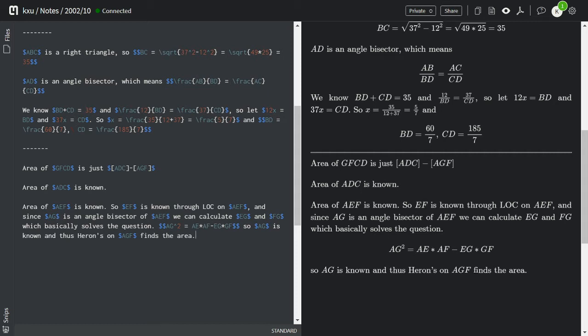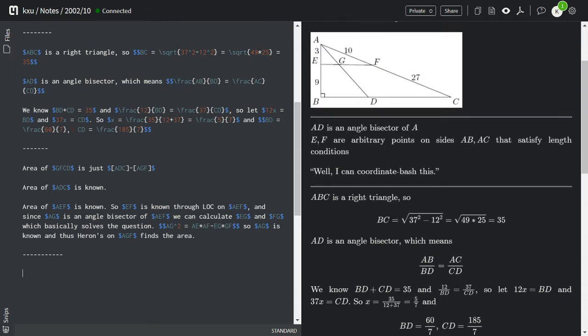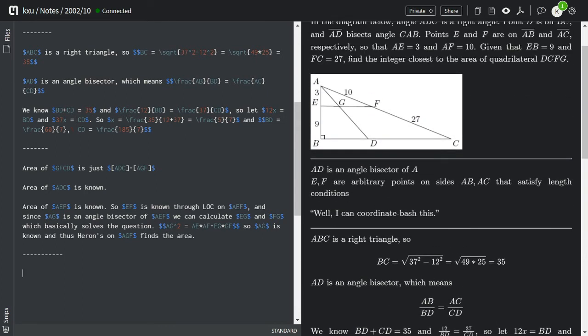So instead, you might want to consider a slightly different approach to finding the area of AGF, though this method, of course, works. As long as you do all the calculations correctly, you're able to solve the question using this. And that is the beauty of math. You can have multiple solutions to the same problem.